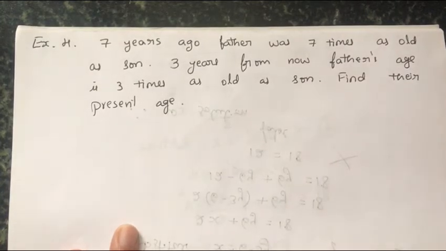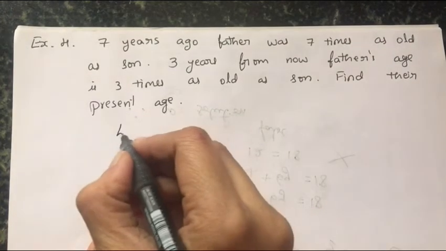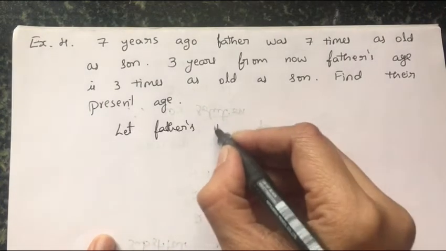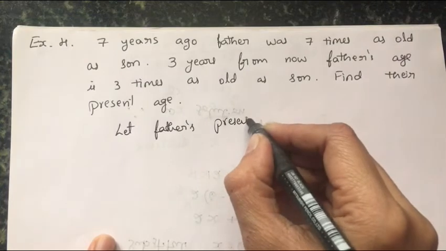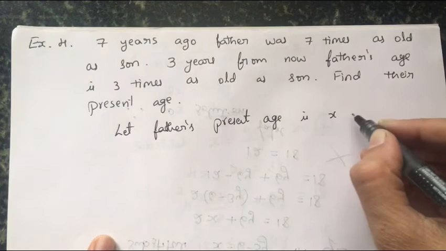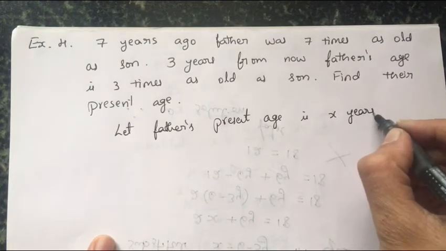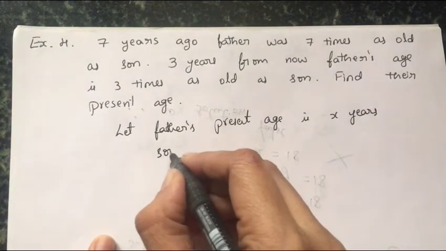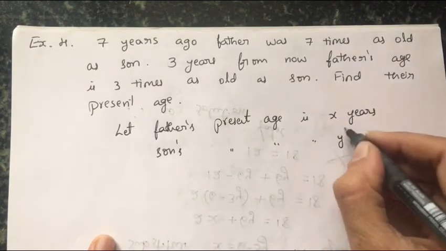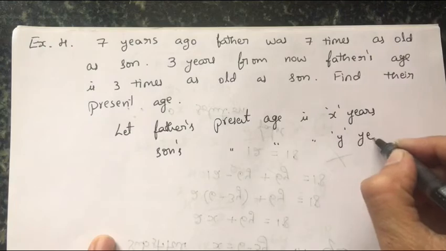Find their present ages. So let the father's present age be x years, and son's age be y years.